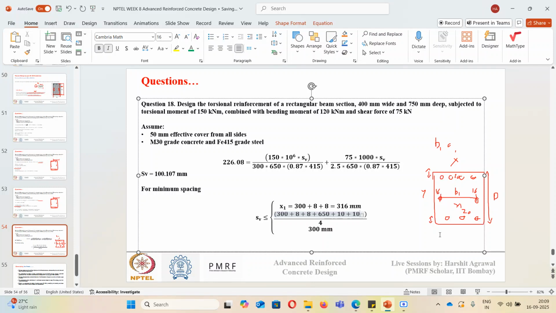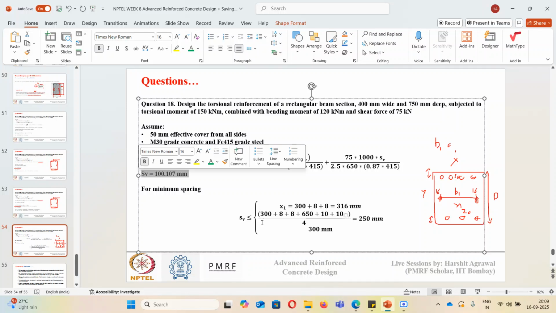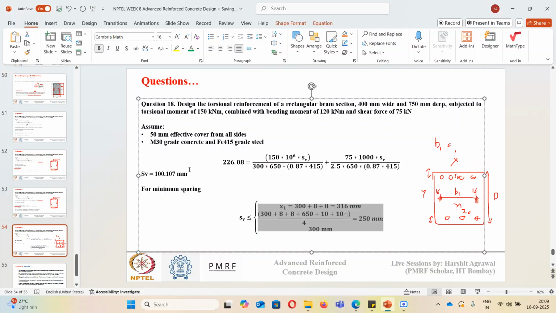So this will be my y1. Divided by 4, it will come out to be around 250 mm. And this is 300 mm. Since the spacing that I have provided is less than all three values, I can go along with the spacing. We can convert this into a whole number of say 100 mm.